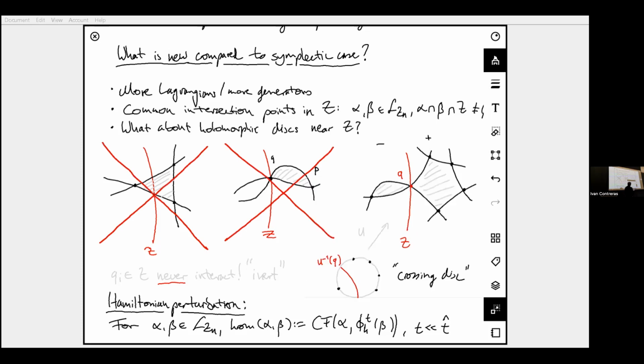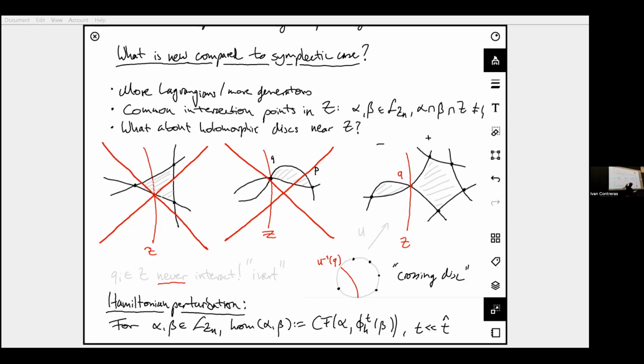They're crossed out. But here's the thing that is new and that we do want to consider. Common intersection points between Lagrangians that lie in the singular locus should be allowed, as they make little tunnels where holomorphic disks can cross from one symplectic component into the other. So here we have 5 points, and they are connected by a kind of funny pentagon that goes through this common intersection point in the singular locus and flips orientation in the process.